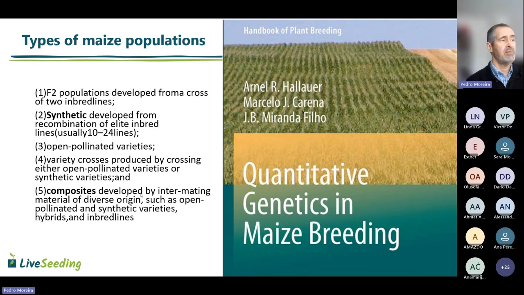The composites are developed by intermating material of diverse origin. We can use open pollinated varieties, synthetic varieties and mixtures, hybrids, inbred lines, whatever. This is what we can have in terms of composite. And if we are talking about composite cross populations, our material will obviously be populations.